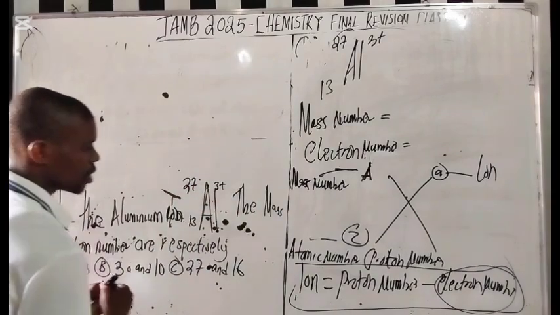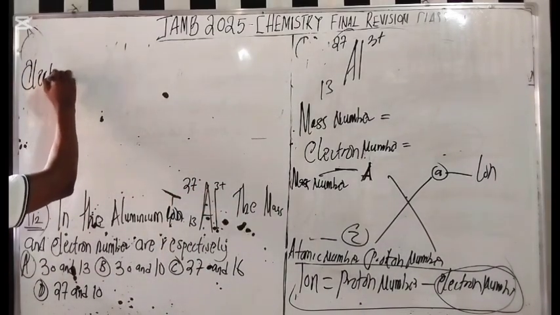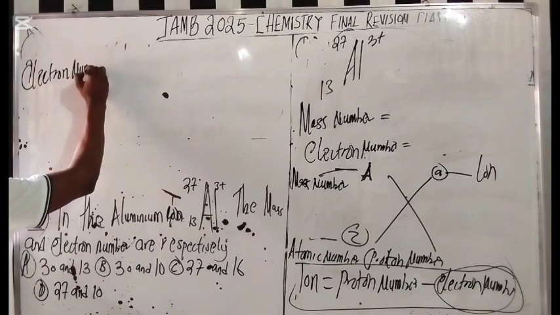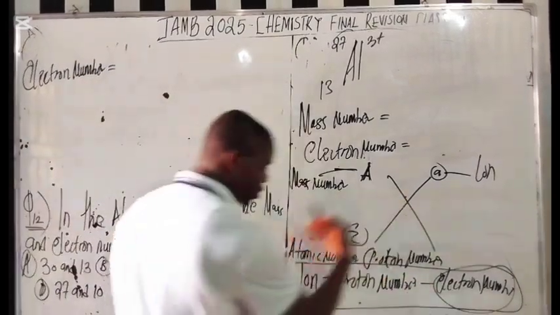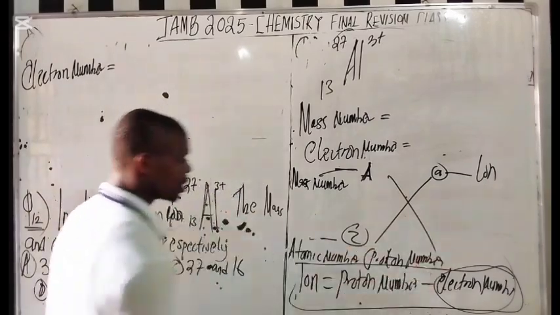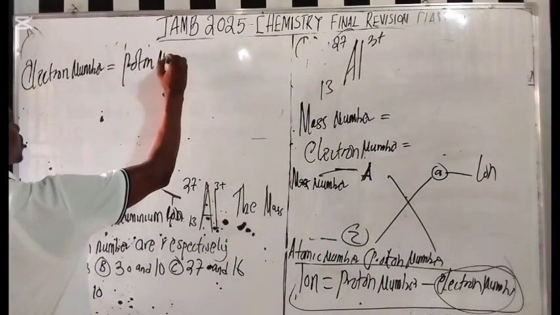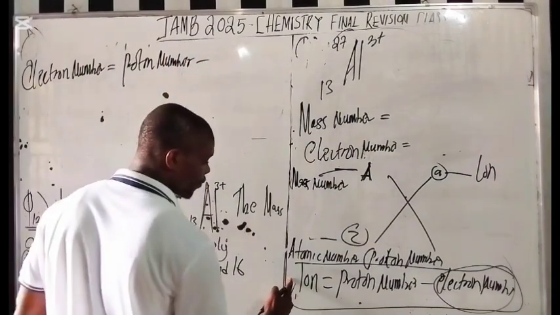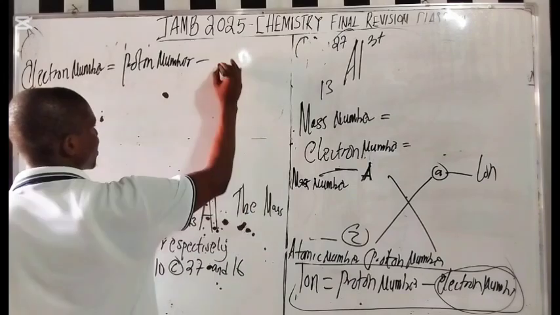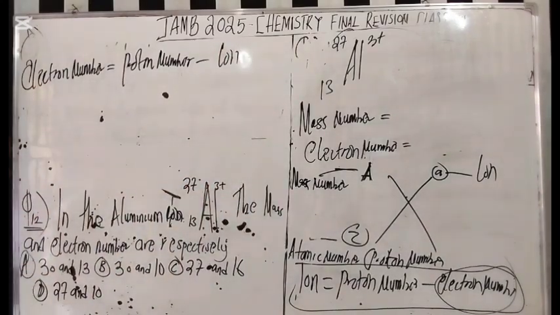Electron number is equal to proton number minus ion. So this afterwards gets my electron number, right?